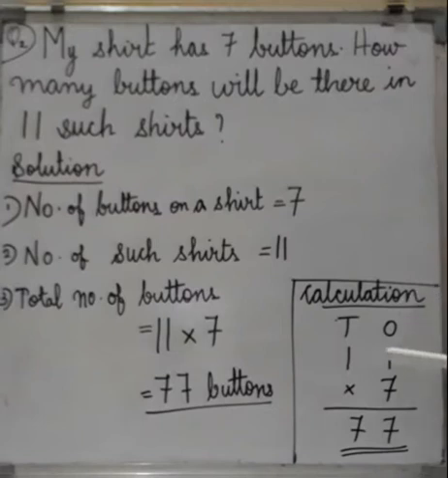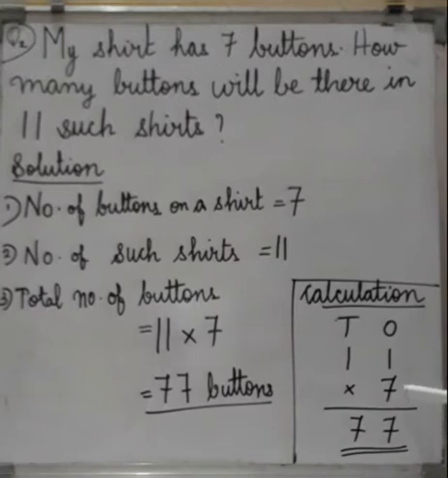See, here I have written 11. You write 11 at top, and 7 here in 1's place. Now we are going to multiply 7 and 1. 7 1s are 7. Write the 7 under 1's place.